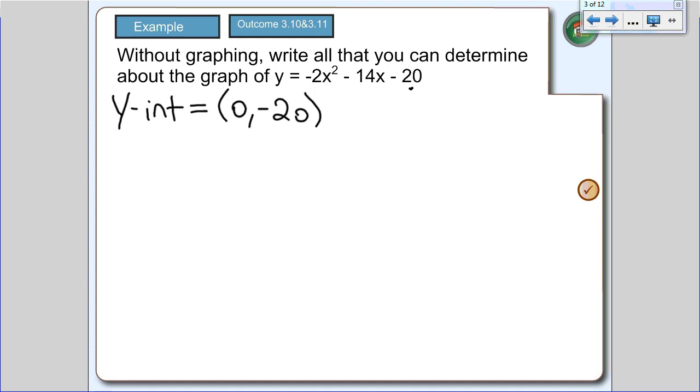Some of you realize that your A values will end up being the exact same in both formats. So yes, that tells you that it opens downwards. Yep, down. Which means it has a max. That's great. What else do we know?